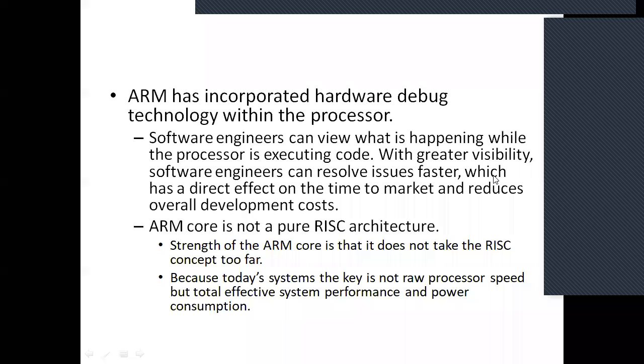The strength of the ARM core is that it doesn't take the RISC concept too far, because in today's systems the key is not raw processor speed but total effective system performance and power consumption. As I told, the overall performance of today's embedded system requirement is not only the speed, it also requires low power consumption as well as overall performance. In order to meet this, they have made some changes to the basic RISC concept. Now we will see what changes they have made.